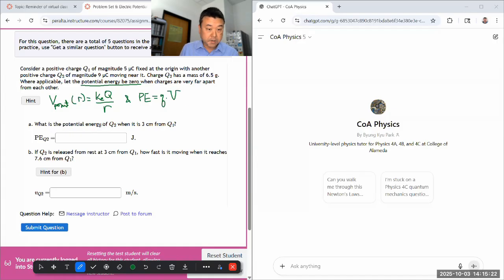So for the potential energy of Q2, you write down an expression that looks like the Coulomb constant times the amount of charges, so Q1 times Q2 divided by R, and you plug in all the numbers.